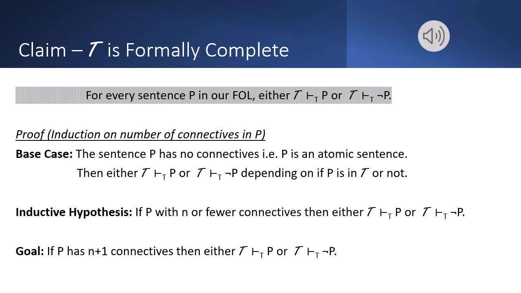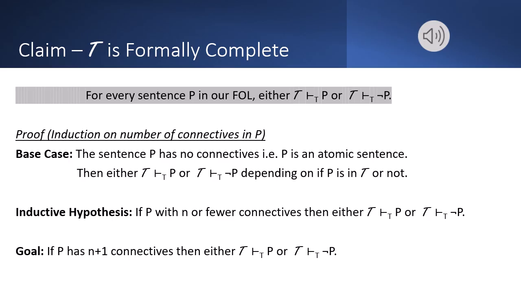And if it was not in T, remember that meant that it was in case 2, and therefore there was a proof of its negation from T. Okay, so we have the base case, and hopefully that gives you some insight into why we were constructing T the way we constructed it, right? We really built it in such a way that the base case became trivial.